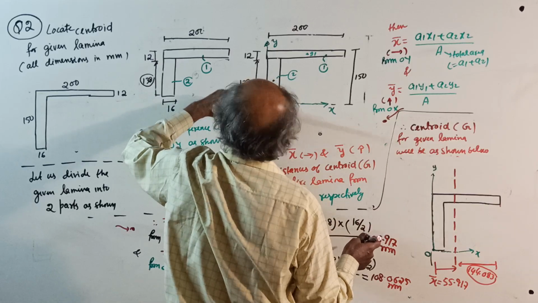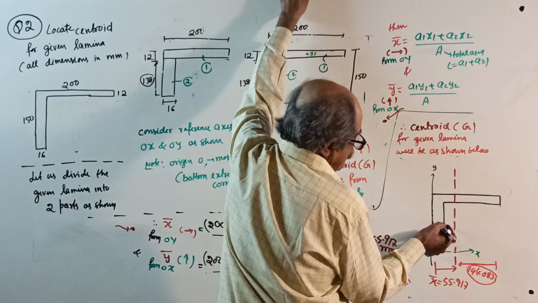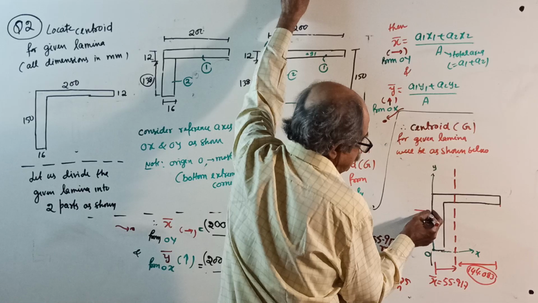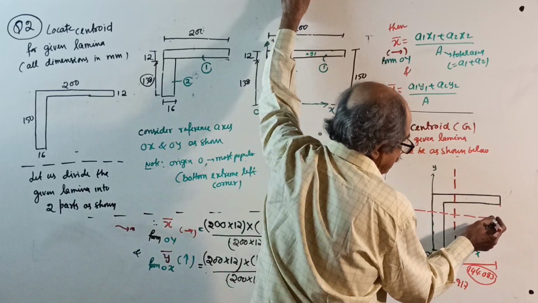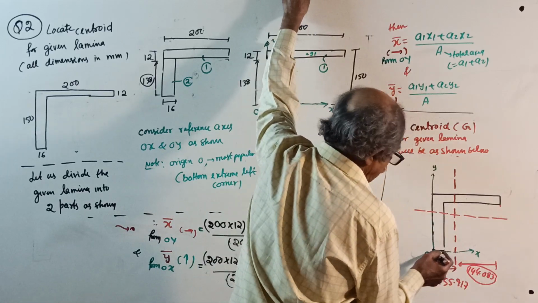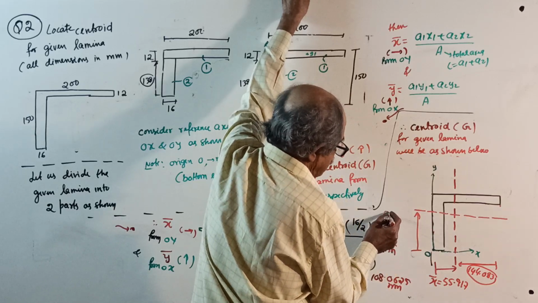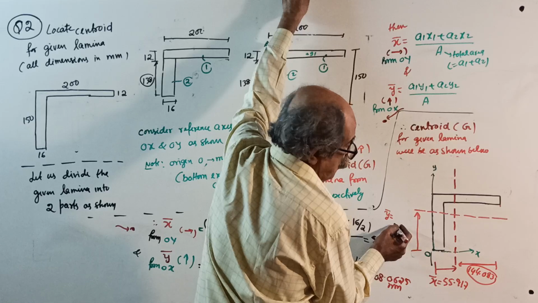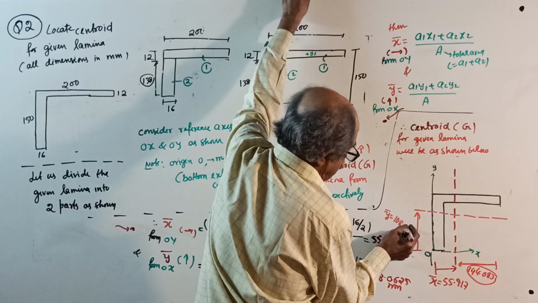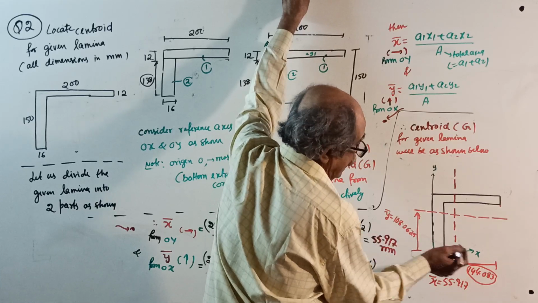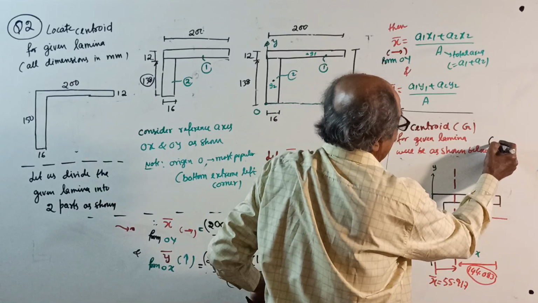This is 138, midpoint is here, so it will be slightly above. See here, anywhere you can mark. From here, this is your y bar, y bar equal to 108.0625. Write here, all dimensions are in millimeter.